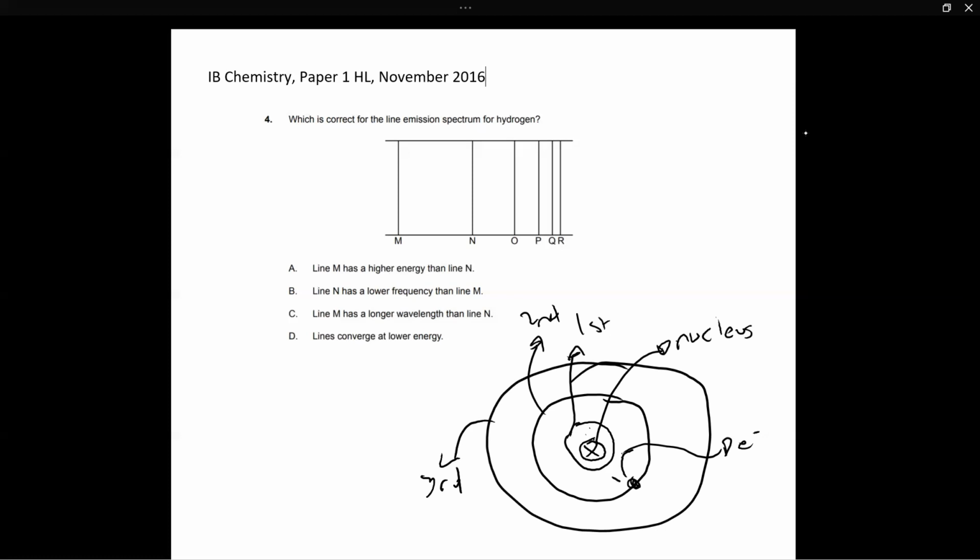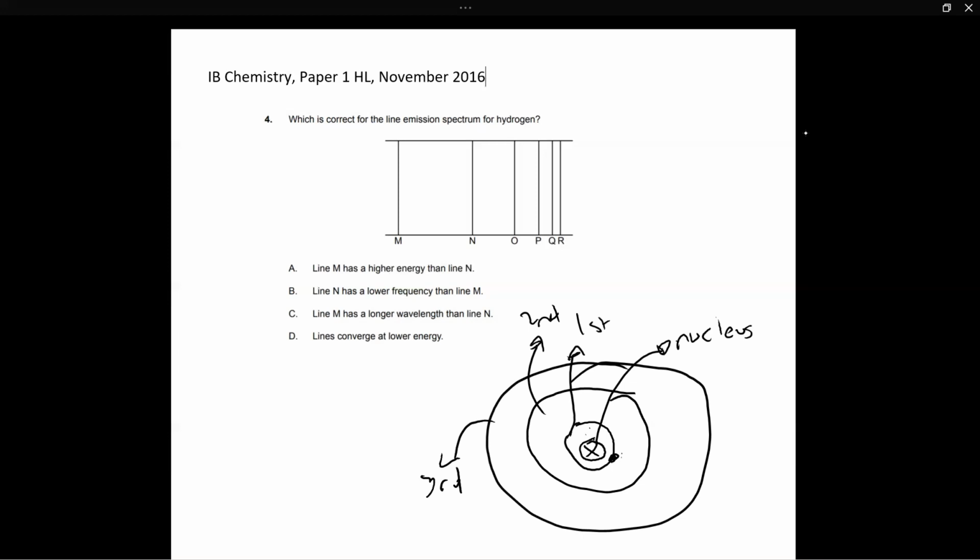So eventually, it's going to drop back down, right? And when this electron drops back down, when it returns to its home, it's going to emit some energy. It's going to give out some energy because it's losing it, right?